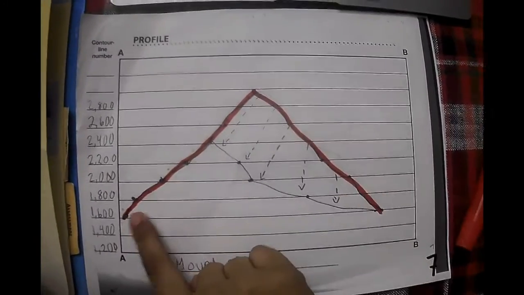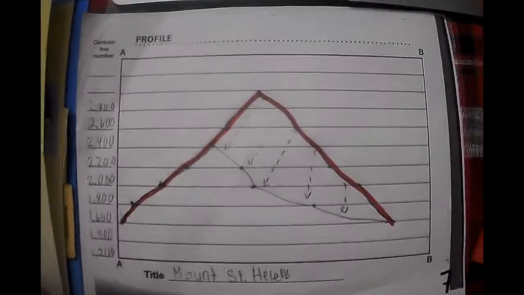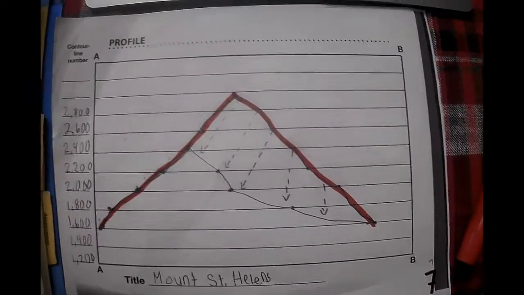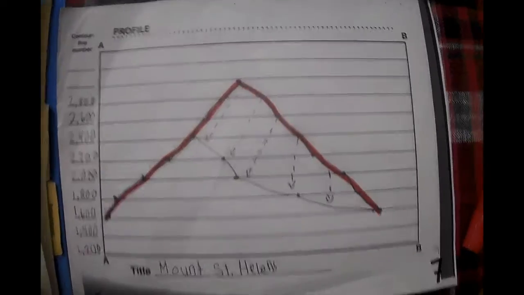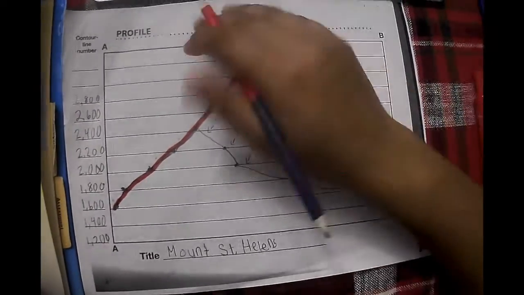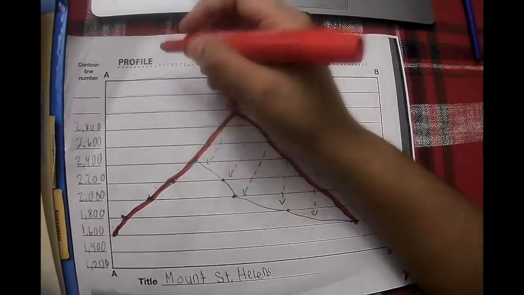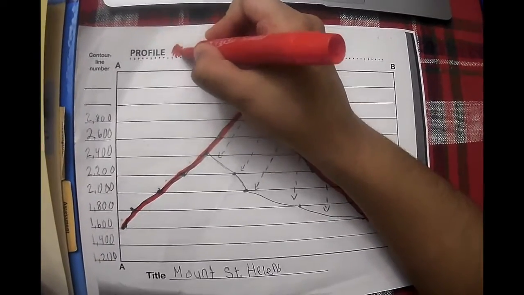The line that we traced with the color red is the profile of what Mount St. Helens looked like before it erupted in 1980. Right at the top with your red, I want you to draw a couple of lines. We're going to make a key.